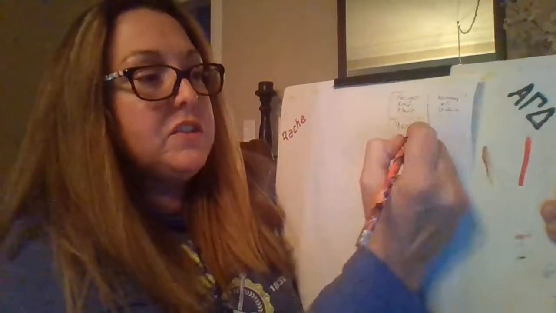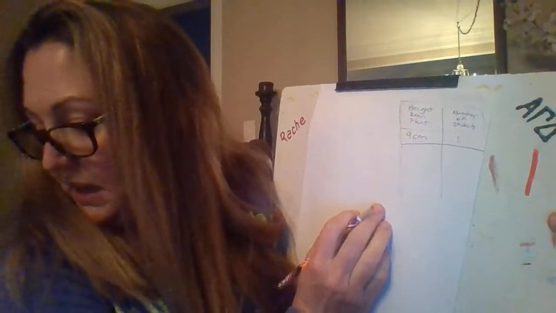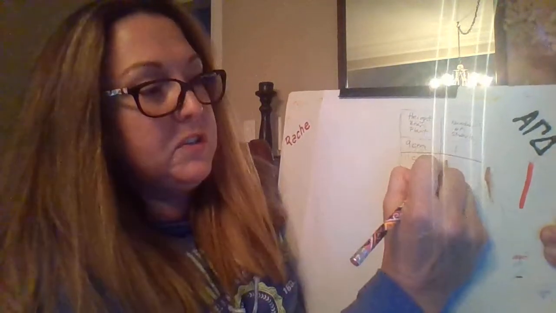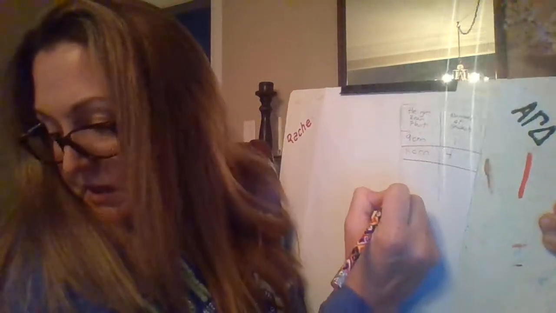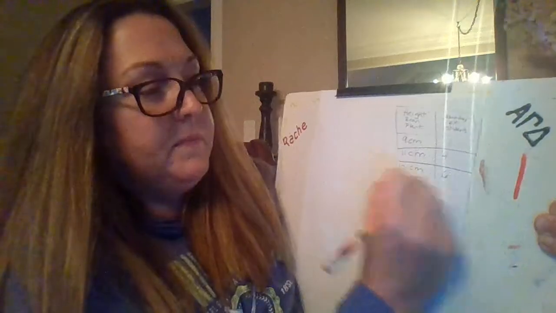Okay, so the first thing I see on here is 9 centimeters. And one student had that data. Then there was 11 centimeters, and 4 students had that. Then there was 12 centimeters, and 6 students had that.